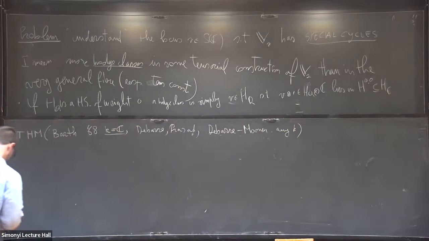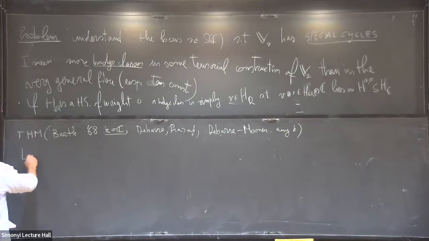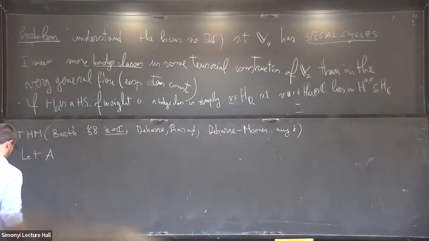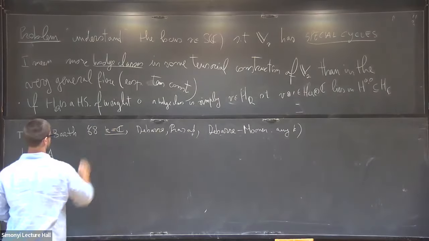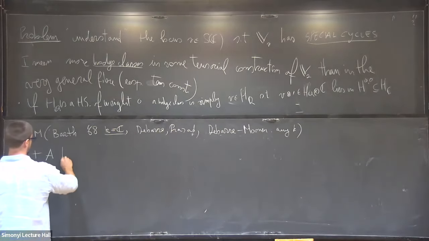So the statement is the following. Let A be an absolutely simple, so let me just work over C, let A be a simple abelian variety.